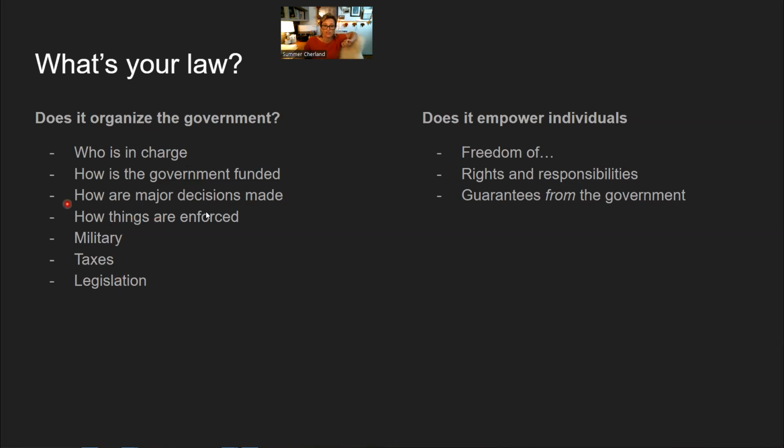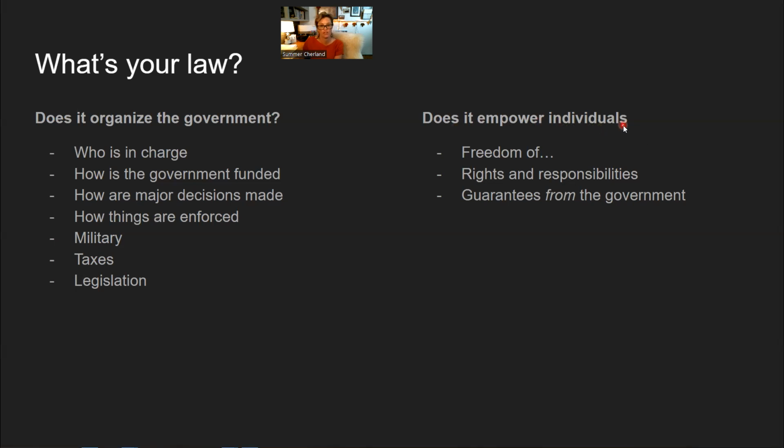If you were one of the students who wrote a law that is organizing the government, you are in the minority, but you would have fit in very well with the group writing the Articles of Confederation, and in fact, those writing the Constitution. It doesn't come until much later in American history that this side, the right side, not correct, but the right in terms of orientation, starts to really become important to American legislators.